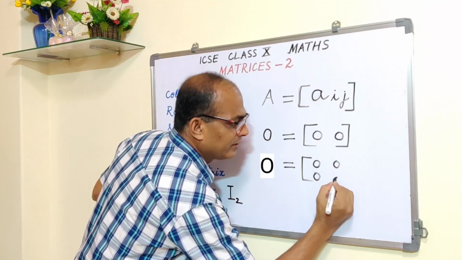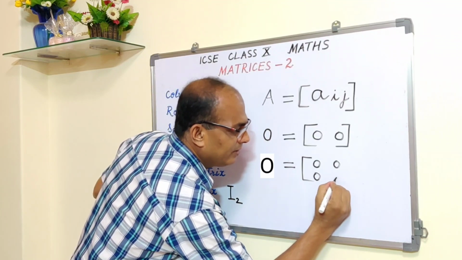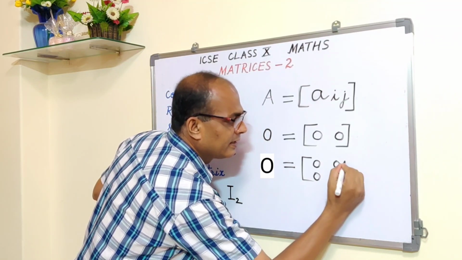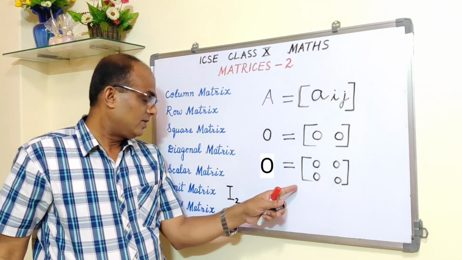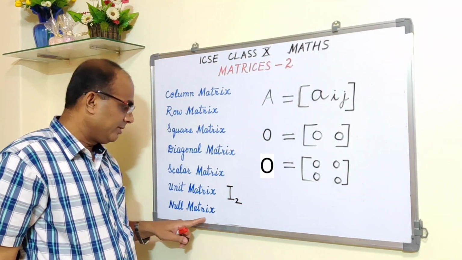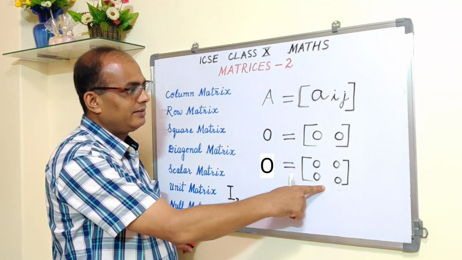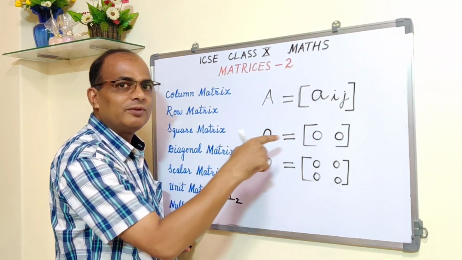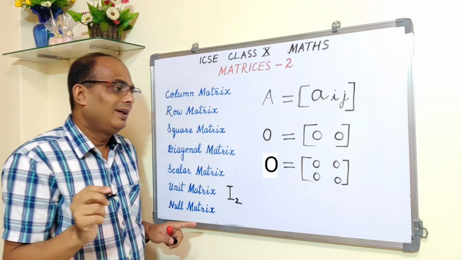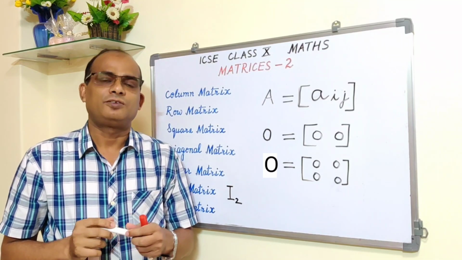This is a square matrix and at the same time a null matrix. Got it? A null matrix or a zero matrix. I have written null matrix, we call it a zero matrix also. This is a square matrix. The other is not a square matrix because there is 1 row and 2 columns. What I mean to tell you is that a null matrix or a zero matrix need not be a square matrix.